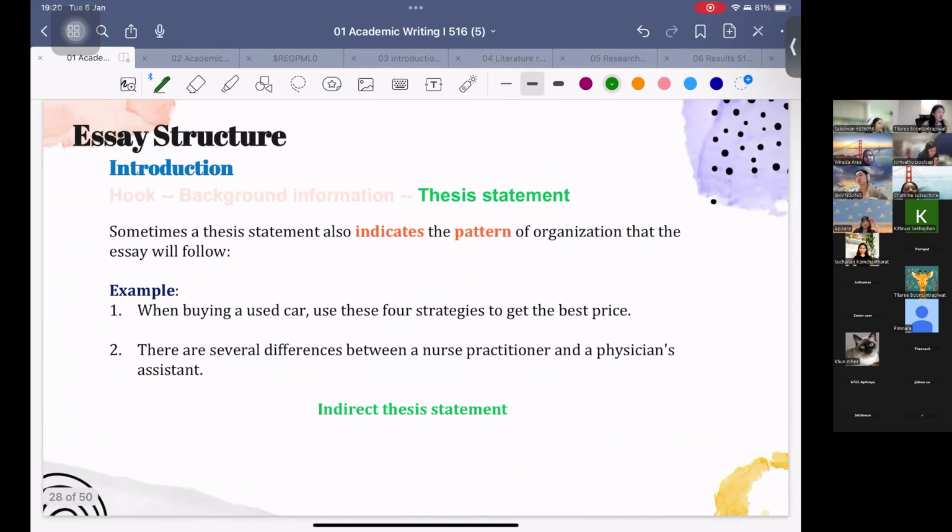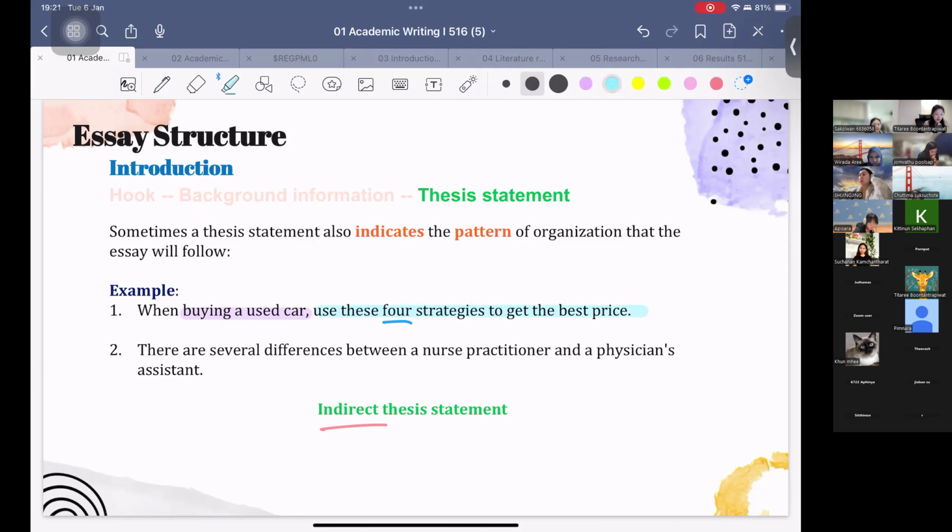Here is another example of a thesis statement, which is an indirect thesis statement. The topic for this one is, when buying a car, there are 4 strategies. With an indirect thesis statement, you can go with quantity words, words that show many or several, or if you know how many things you're going to mention, like this one, 4 strategies, you just mention 4.